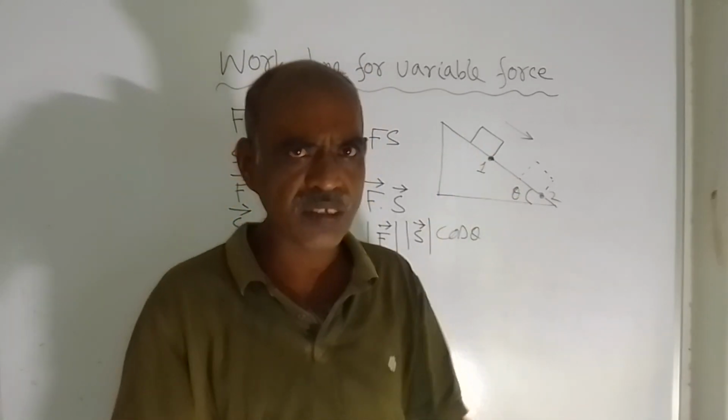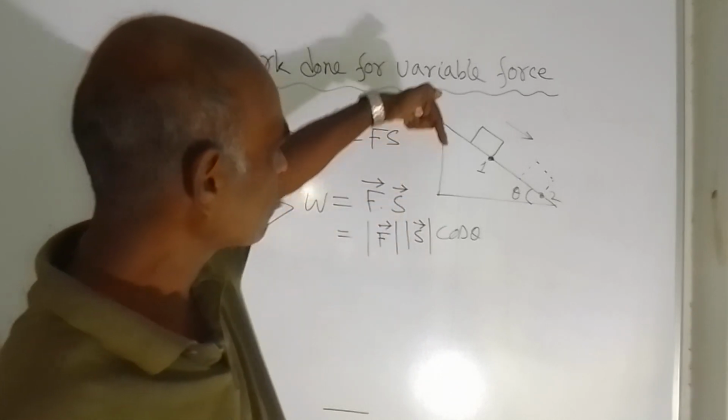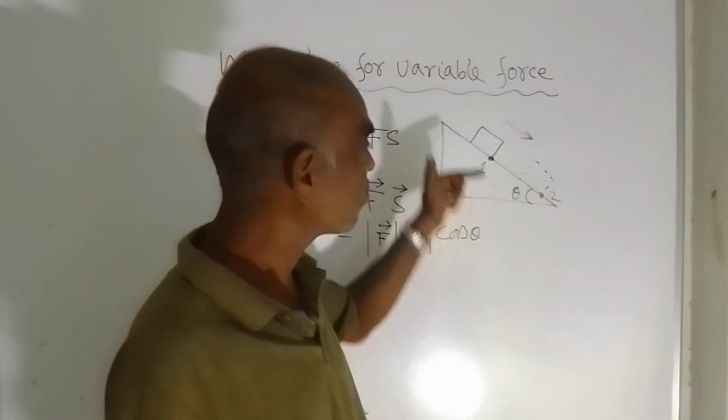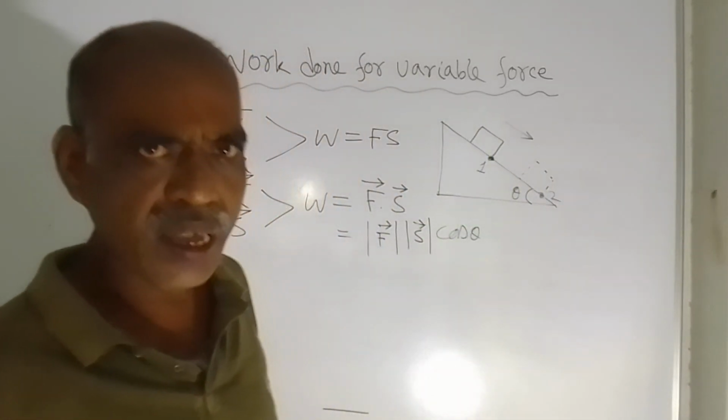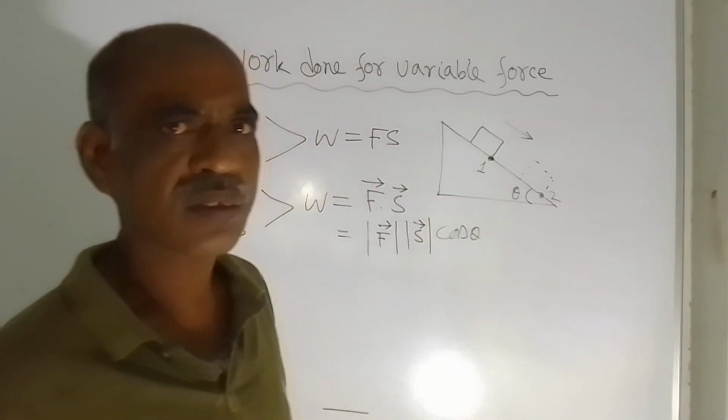Gravitational acceleration is present. So due to that, the force is actually acting in the vertically downward direction. But if you take the component of that force in this direction, then that force is multiplied by the displacement.